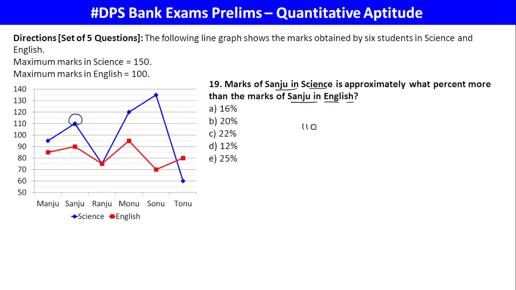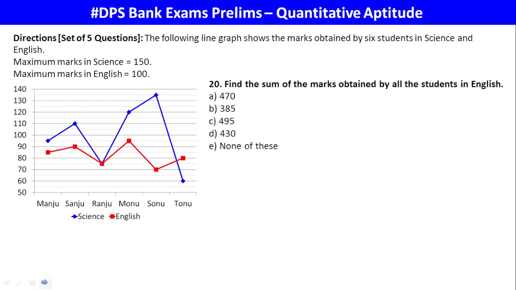Sanju in English 90. Approximately what percentage? 20 out of 90. 2 by 9, 1 by 9, 22.22. Option C is the right answer. Done. Next question.